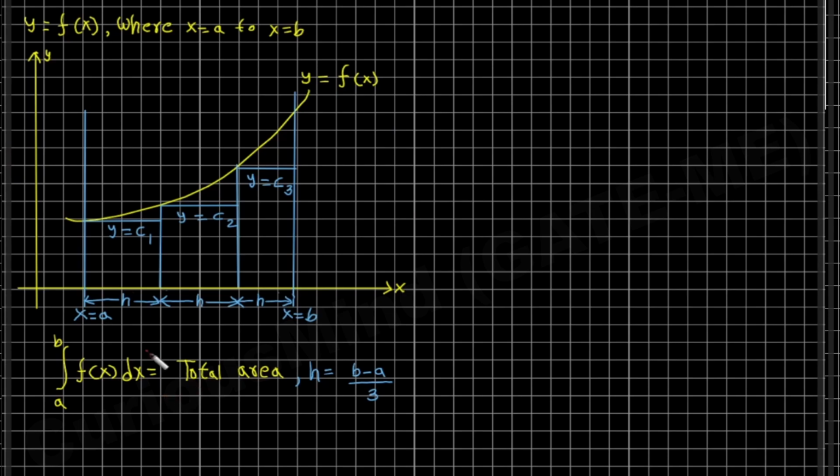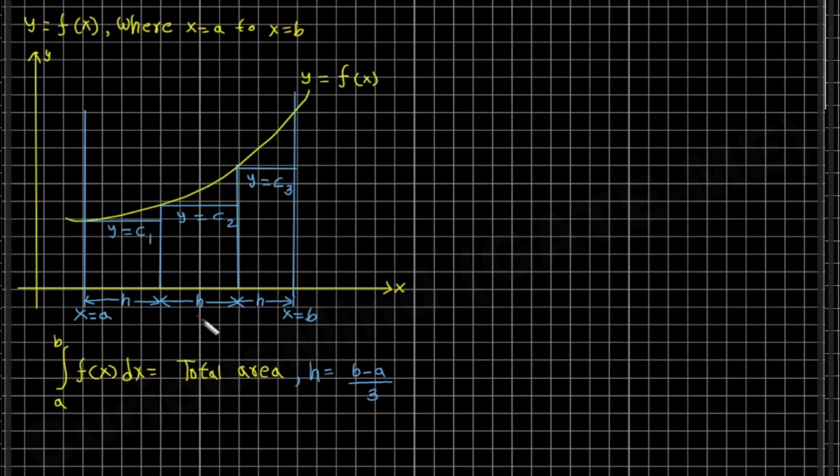What that means is that the sum of all these areas of rectangles would be equal to the approximate total area, and this approximate total area would be equal to the approximate value of this definite integral.